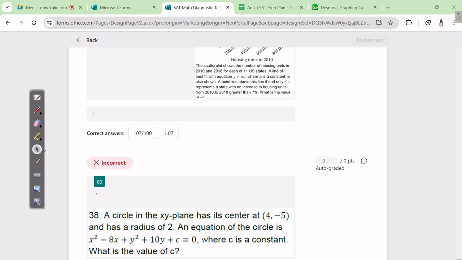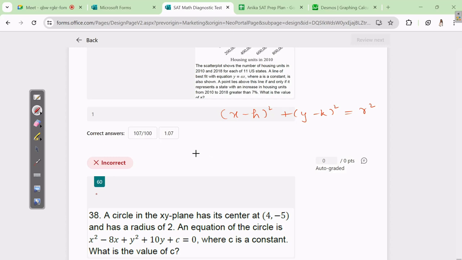Okay. So again, this was a different type of question. And Anika, we can always expect a different type of question anytime on SAT. But if your fundamentals are clear, if you know this is the equation where you know h, k and r, you can solve any type of question on SAT math.